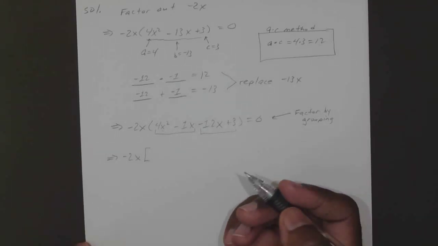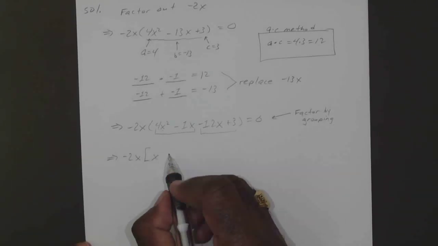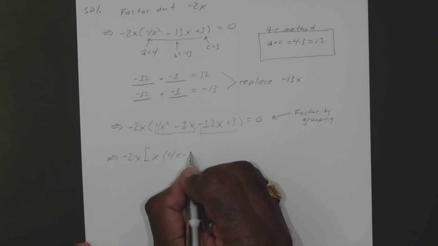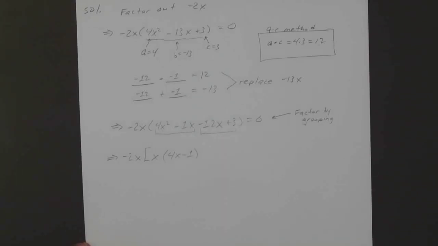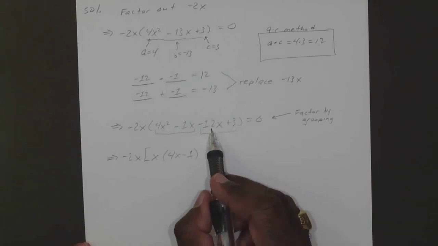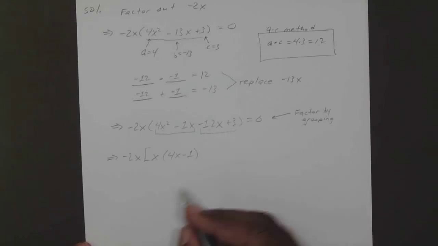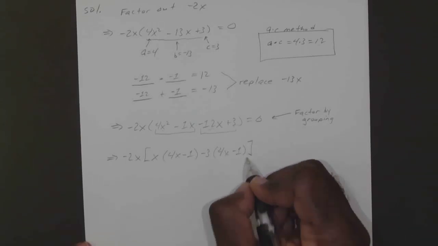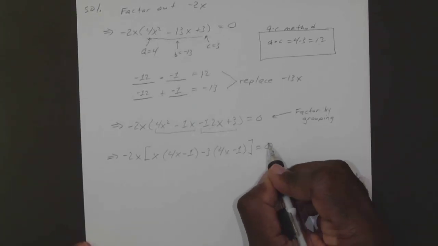That's really it. And that leaves you with 4x minus 1. And these two, you can factor out a negative 3, which leaves you with 4x minus 1 equals 0.